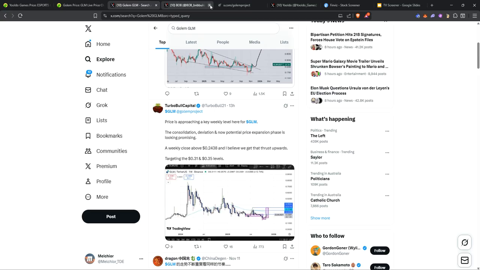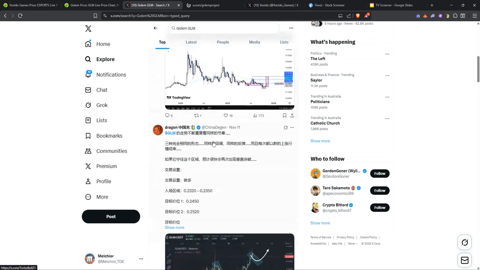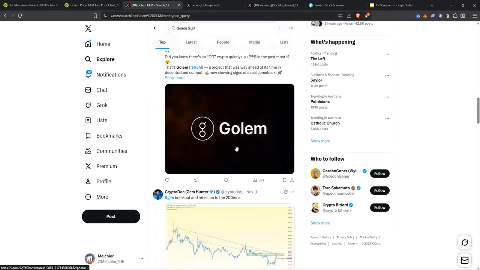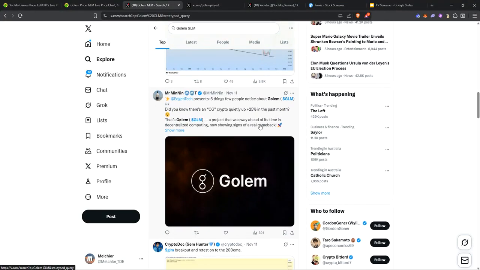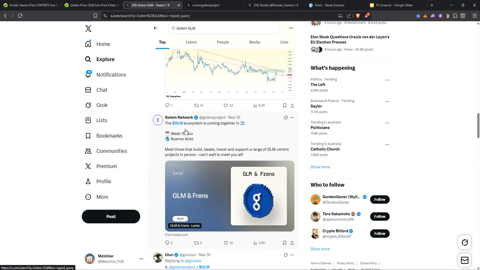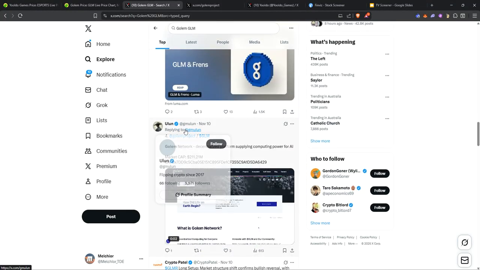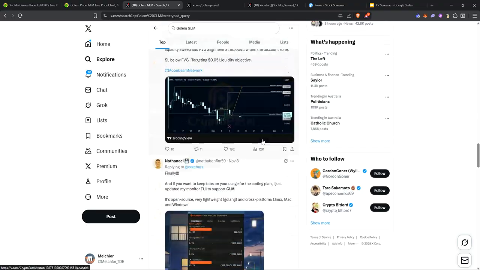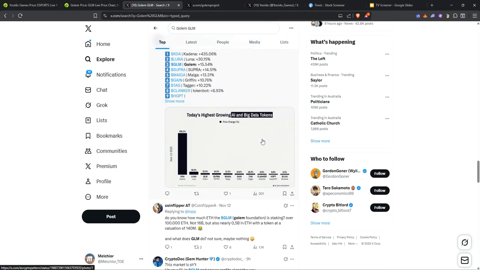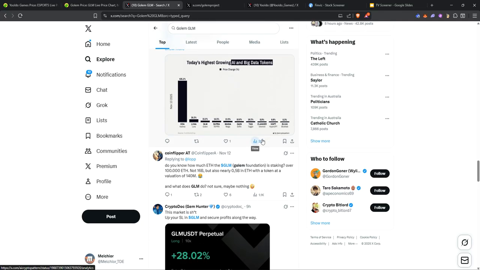Yeah, it's a bunch of TA stuff. Let's have a look at its official web, official Twitter. TA, just random TA stuff, charts. Decentralized computing. Hmm. Yeah, nothing about this recent move up.